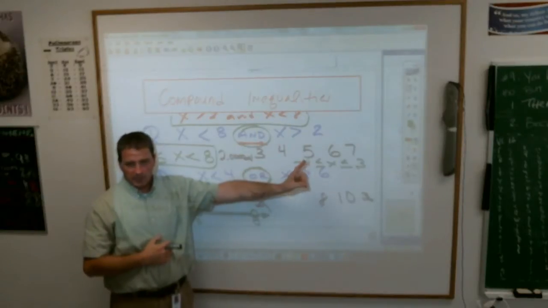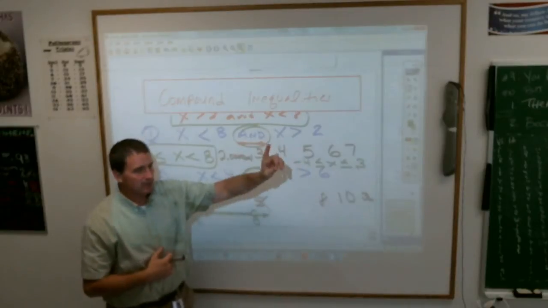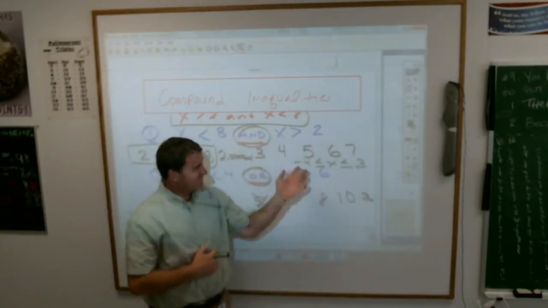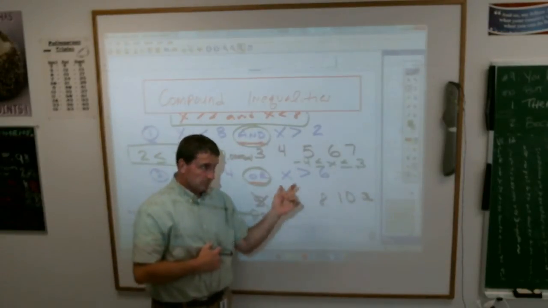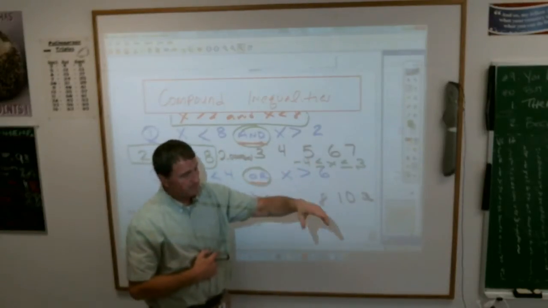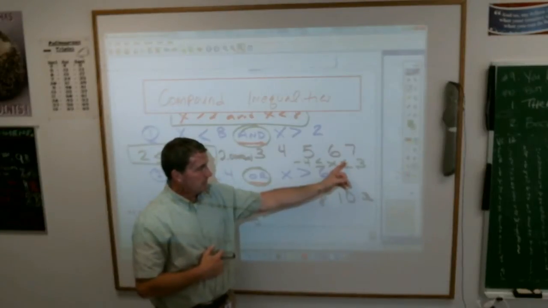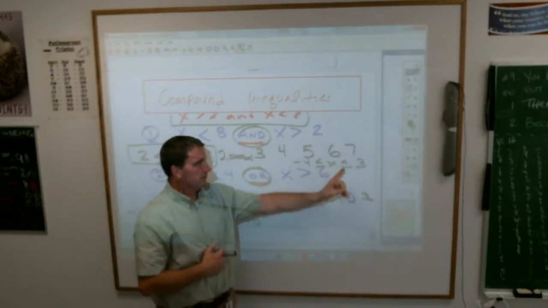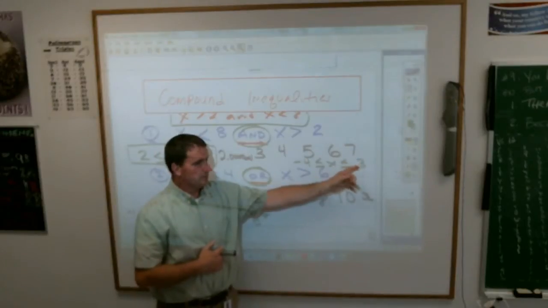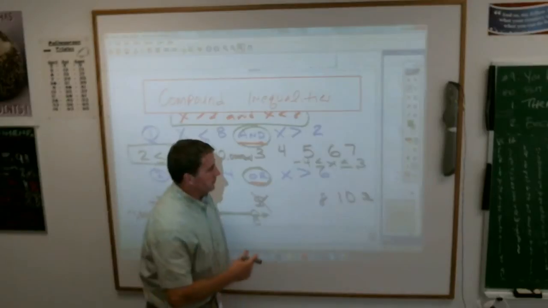Who wants to take a stab at it? Sammy? X is greater than or equal to -4, and x is less than or equal to 3. Right.